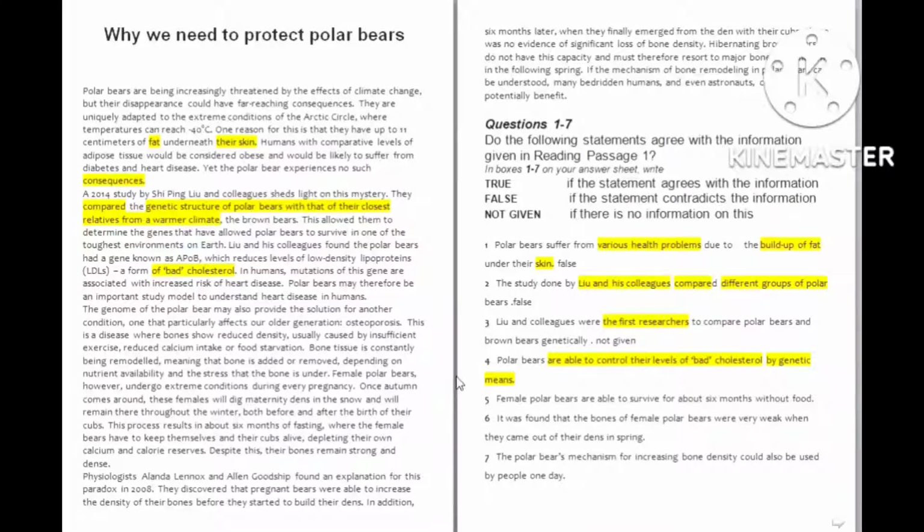It means they are able to control their levels of bad cholesterol with the help of a gene called APOP. Now the answer would be true, because this information is a match with this information.